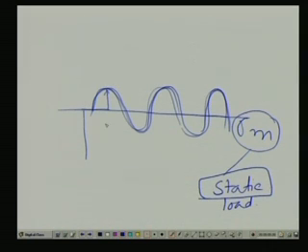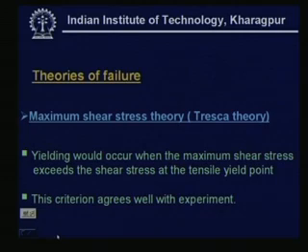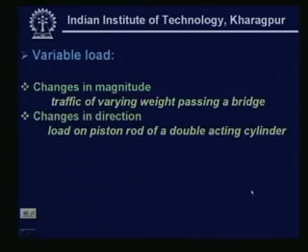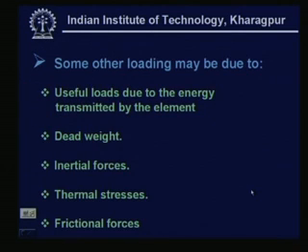However, we will come to this situation later on when we consider the typical idea of the design. This is the variable load, which we have already discussed, and then we come to other loadings: useful loads due to the energy transmitted by the element, dead weight also taken as a load, inertial forces, and thermal stresses.